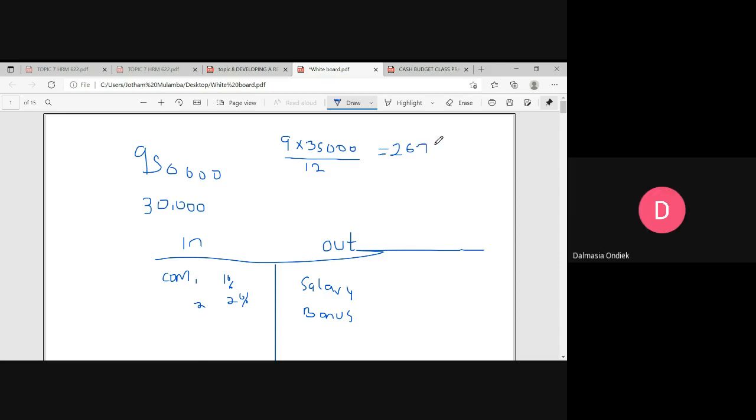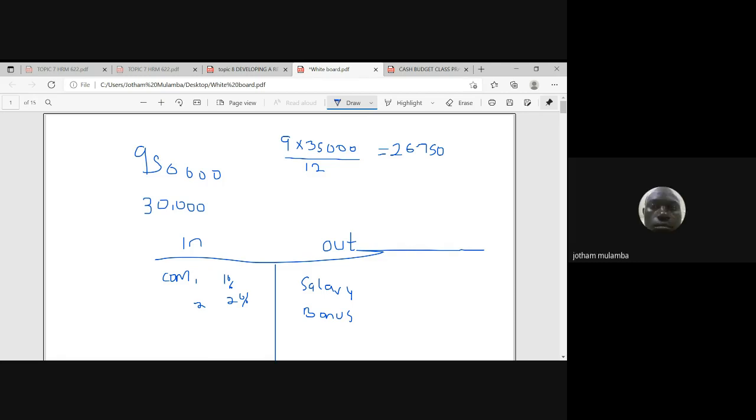The statement says, the company had 9 employees who are paid on a monthly basis. The average salary per employee is 35,000 per year. If more than 20 properties are sold in a given month, each employee is paid a bonus of 140 shillings for each additional property sold.